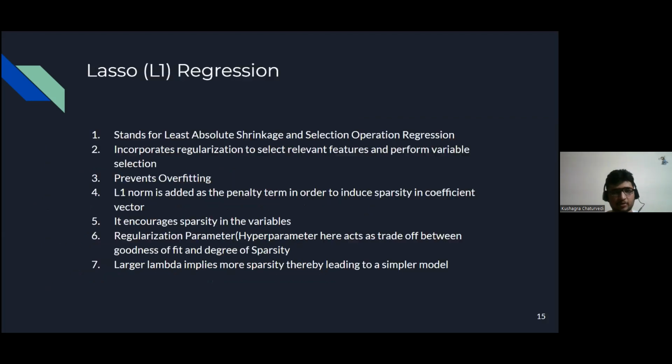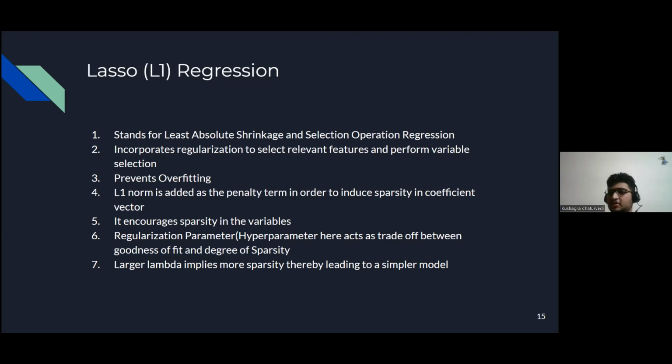Then we have the lasso regression. Lasso stands for least absolute shrinkage and selection operator regression. Lasso regression is similar to linear regression, like ordinary least squares, that is the sum of squares available there. But lasso regression incorporates the L1 norm as a penalty factor, so it's also known as the L1 regularization term.